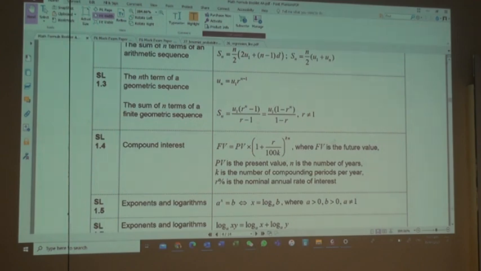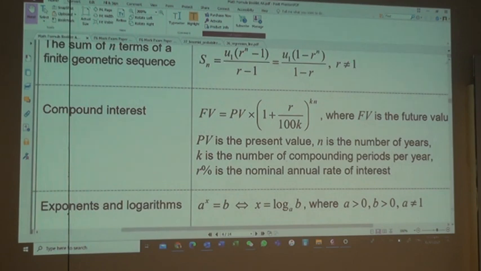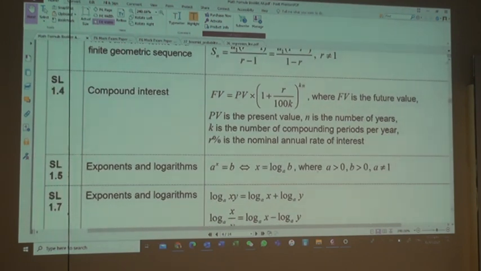So we have this formula for compound interest. PV is the present value, N is the number of years, K is the number of compounding periods per year, and R% is the nominal annual rate of interest. Why is it not called annual rate of interest?